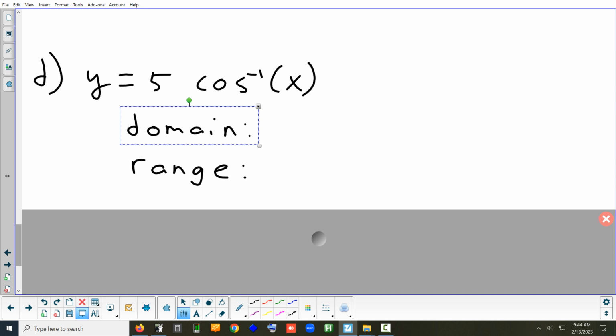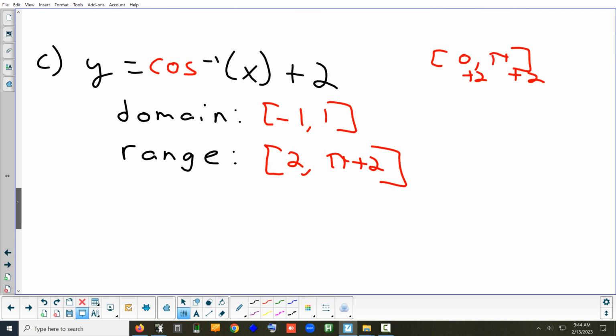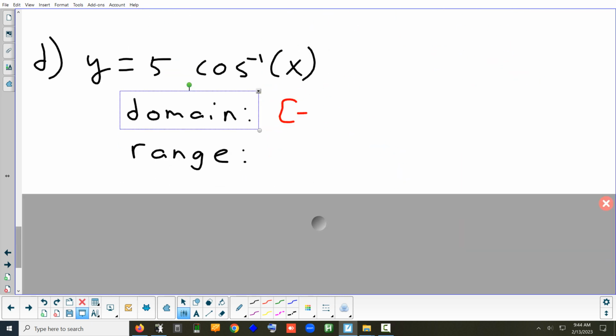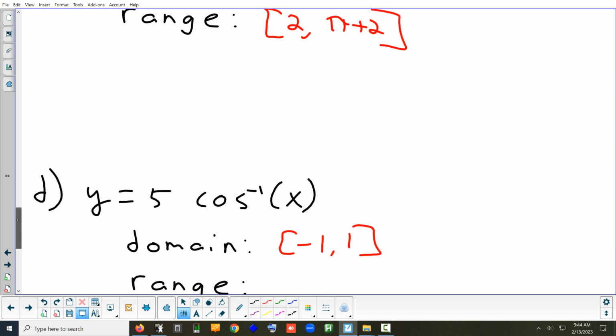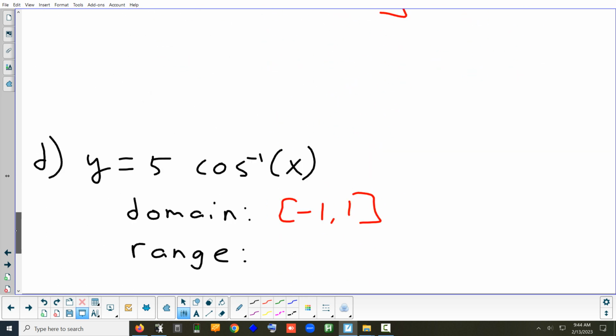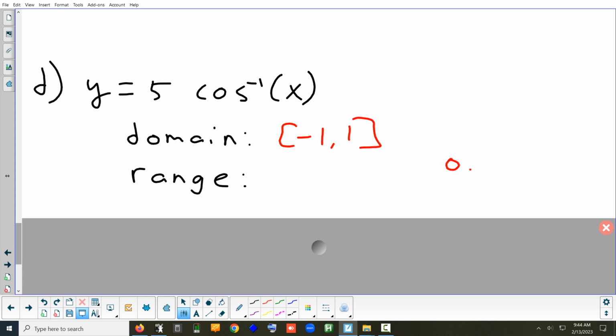Inverse cosine. What's my domain? -1, 1. Same as the last problem. -1 to 1. Okay, range. Well, we also wrote that down. It's 0 to pi. But you're going to take each of those values and they're going to be multiplied by 5 times as much.